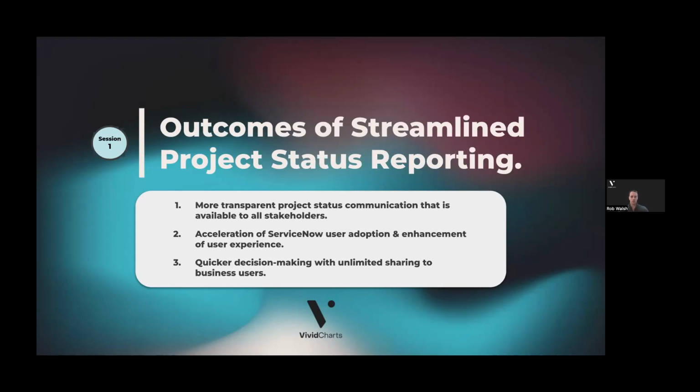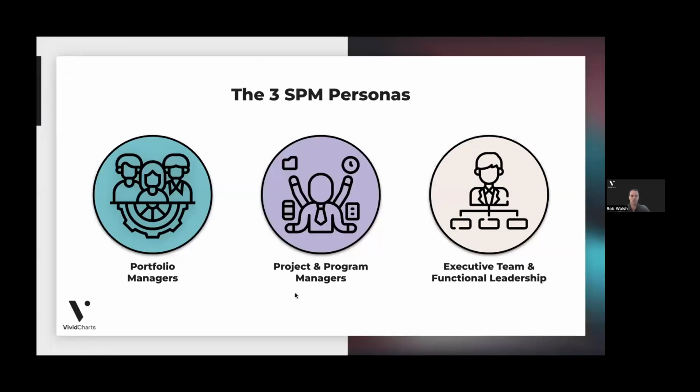And what's really important to call out about each of these three outcomes, and it's actually where we're going to start, is the people involved, the personas that we need to have top of mind that we're actually going to be trying to drive the outcomes for. So when we think about the three personas involved in SPM reporting, we have portfolio managers on the left-hand side.